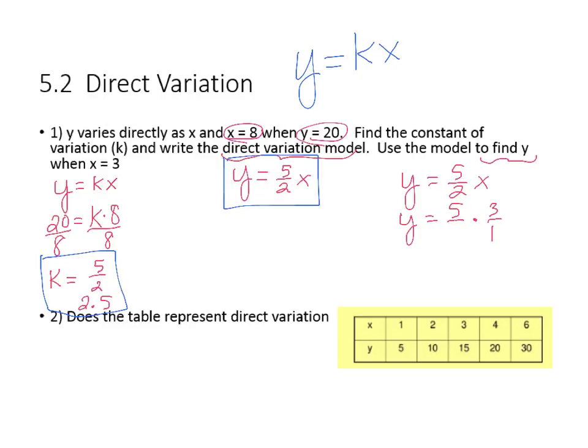This is not a 3. Y is going to end up equaling, multiply straight across, 15/2, or if you went as a decimal, you could write 7.5. And that's your third answer. You need all 3 steps on those problems.